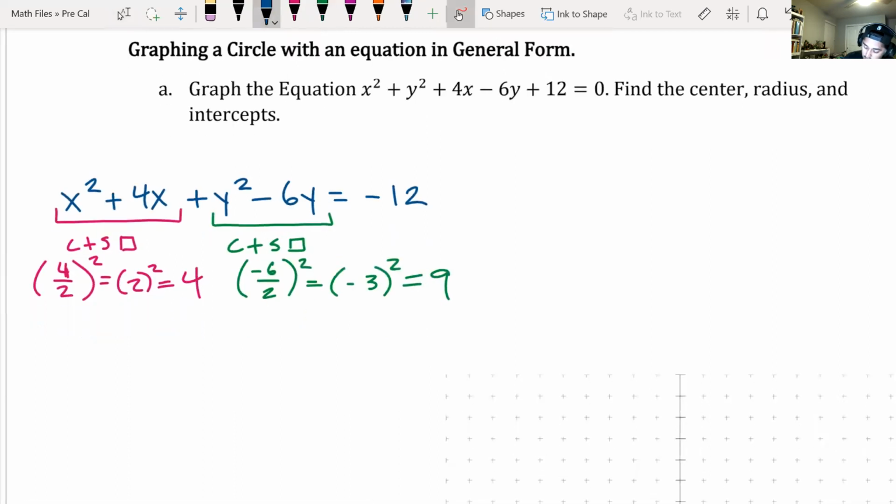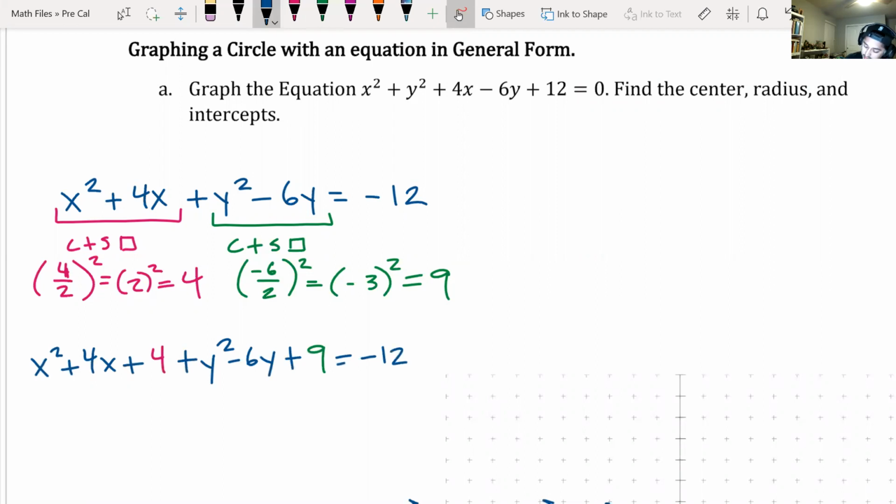Now, what do I do with those numbers? You're going to add to both sides. I'll get x squared plus 4x plus 4, plus y squared minus 6y plus 9, equal to, what do I have?